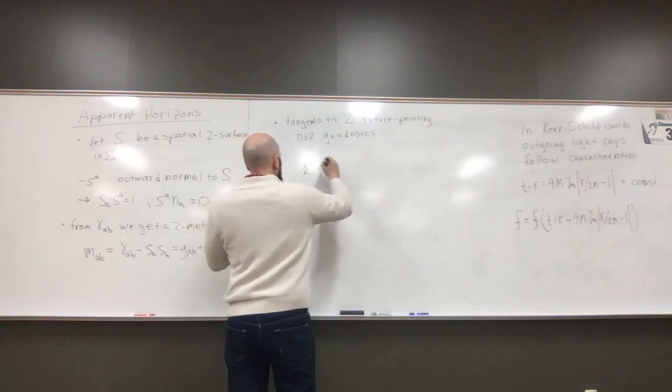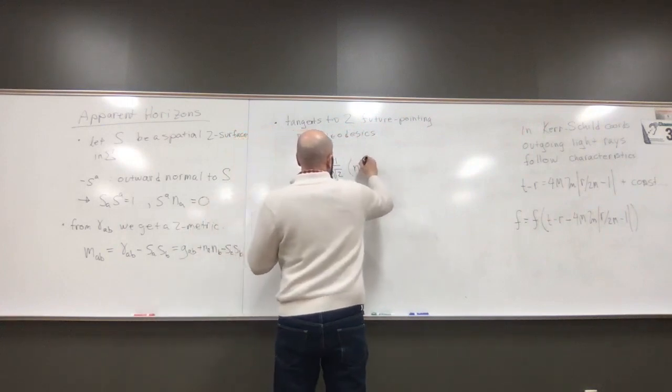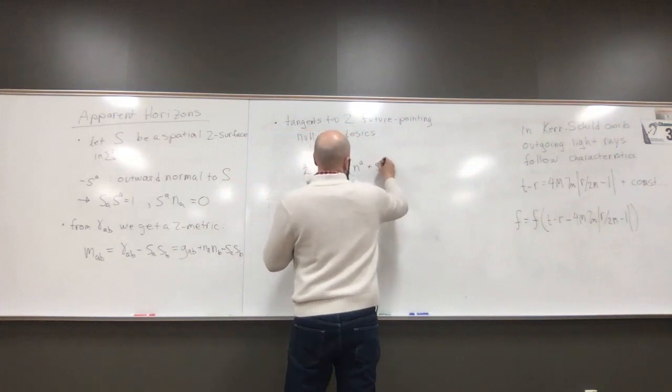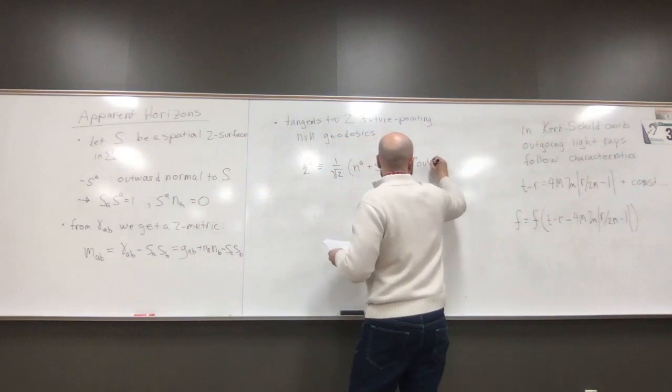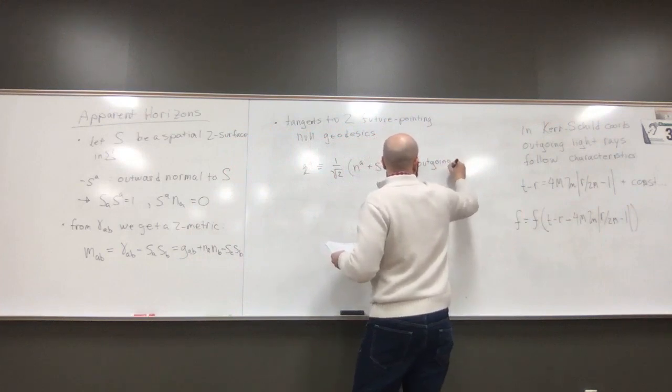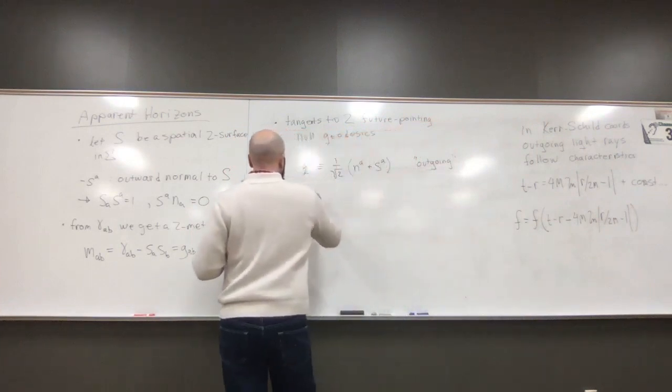KA, which I'm going to define as 1 over the square root of 2, all times NA plus SA. I'm going to call this one the outgoing. These definitions of outgoing and ingoing are somewhat arbitrary and confusing, but this is what's used.